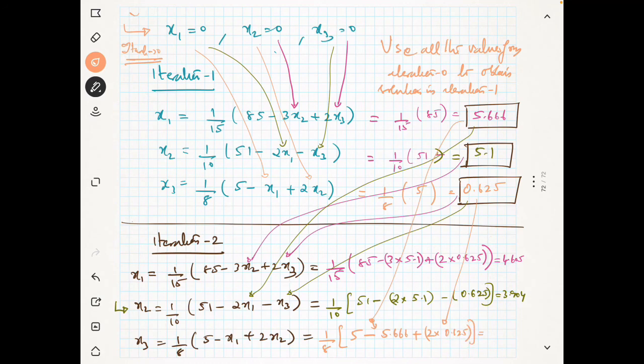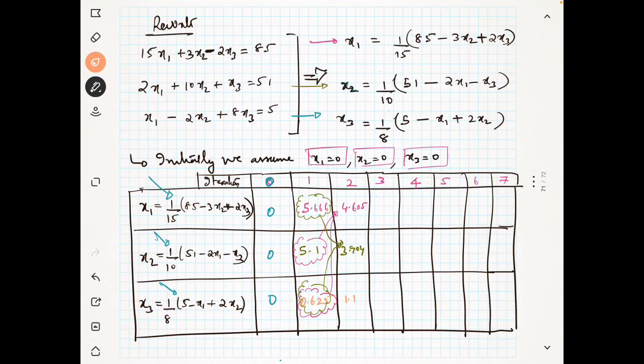So this becomes 1.192. Okay, so this becomes 1.192. So how is this found? You are using this value and you are using this value. So both are used in finding this equation, finding this value. Now you can proceed in the same way.